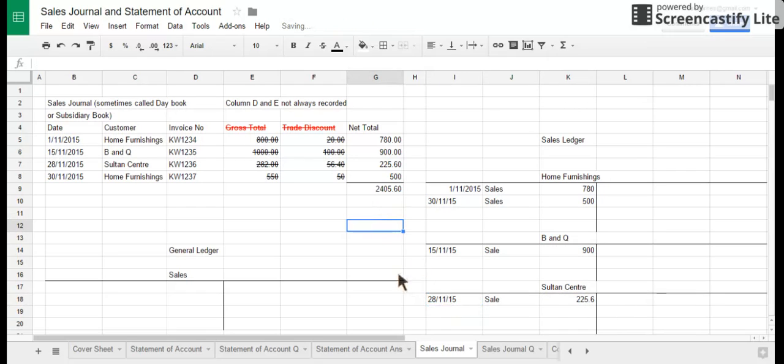As with the other journals, to save time making all the individual entries, we're then going to make one big posting for the month for the whole of the sales, and that's come from the sales journal.